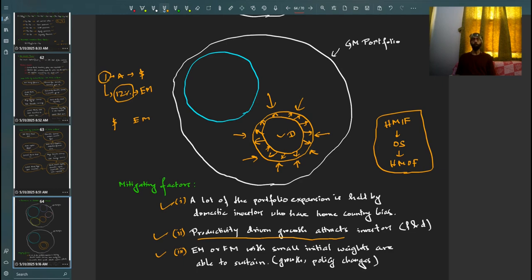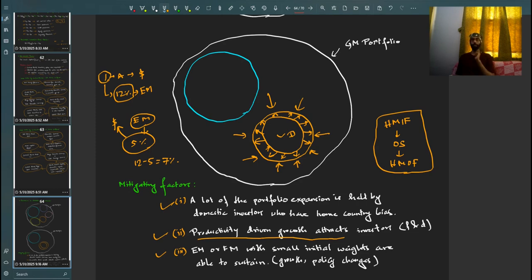Will it weaken? Will it strengthen? Now let's say in the last 20 years, this emerging market currency has depleted 5% every year with respect to the dollar. When this investor is considering the 12% return, the investor has to deduct this 5%, that is 12 minus 5, or a 7% return, while making the calculations.